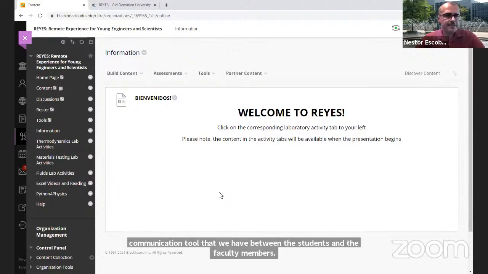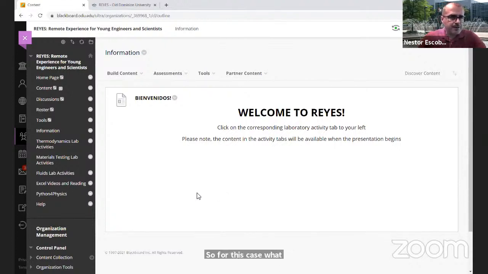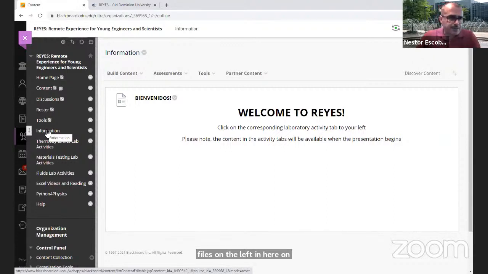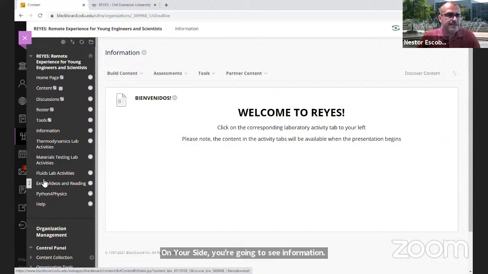For this case, what we have here is a number of files on the left. On your side, you're going to see information on thermodynamics, material testing, fluid labs, Excel videos, Python for physics, and help.